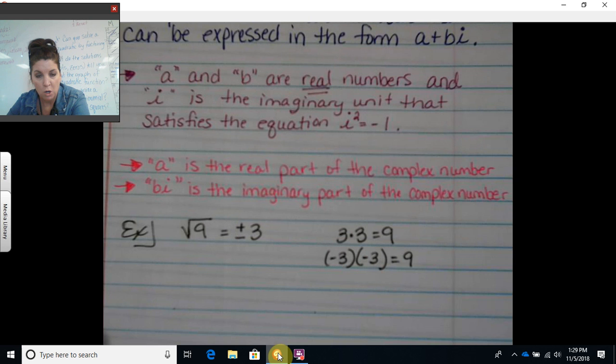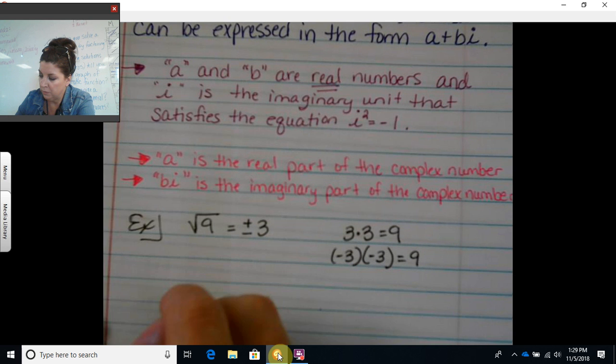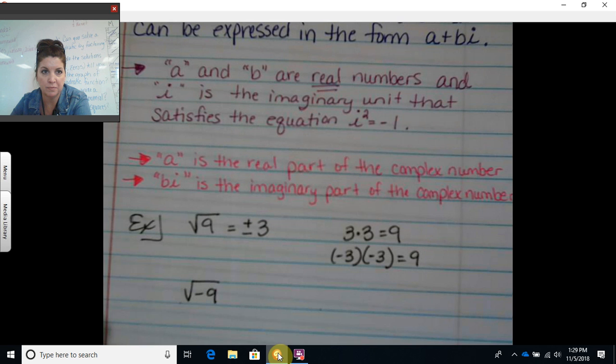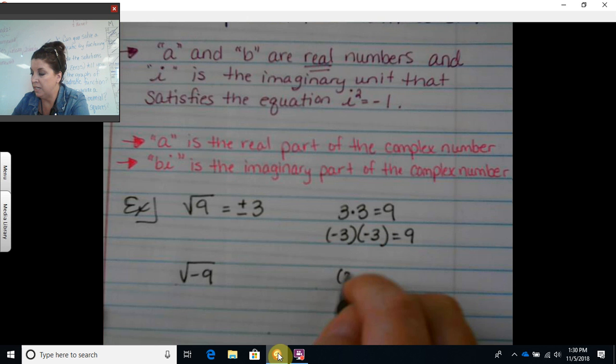What if I said, what's the square root of -9? What would that be? Undefined or no real number, okay? Because a lot of kids say, well, it's 3 and negative 3 is negative 9.